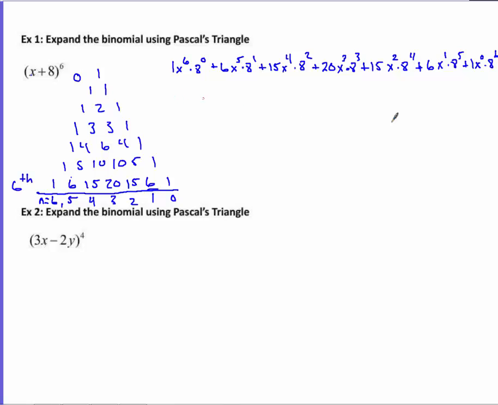Now we're going to simplify all of this, right? So 1 times x^6 times 8^0. Well, 8^0 is really 1. So 1 times x^6 is just x^6.